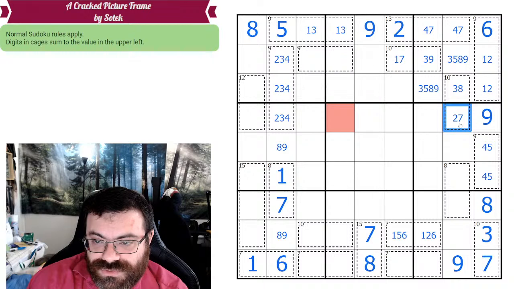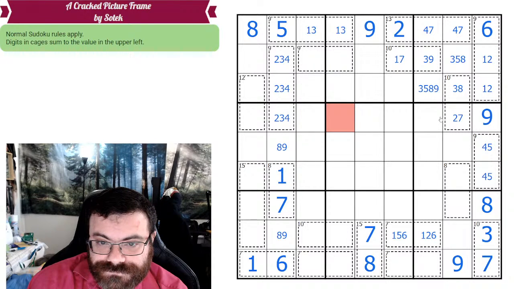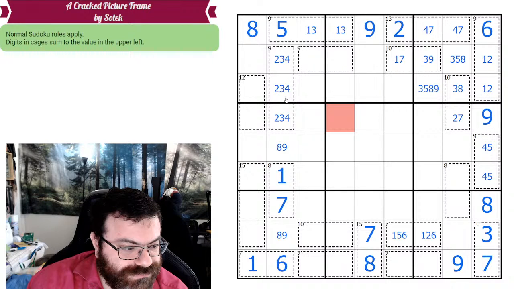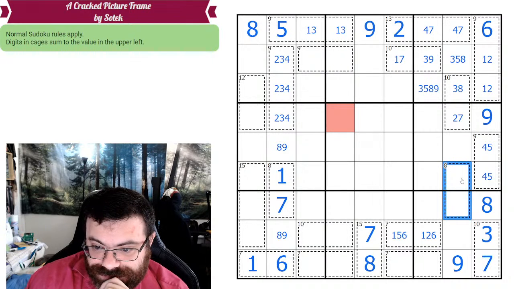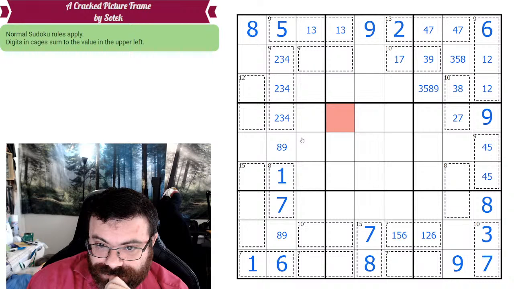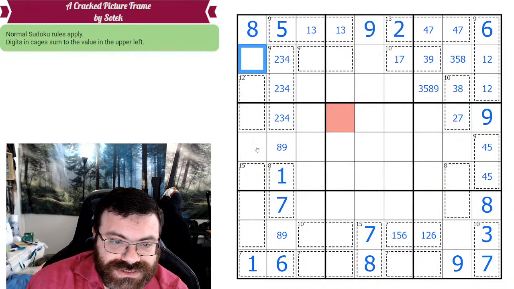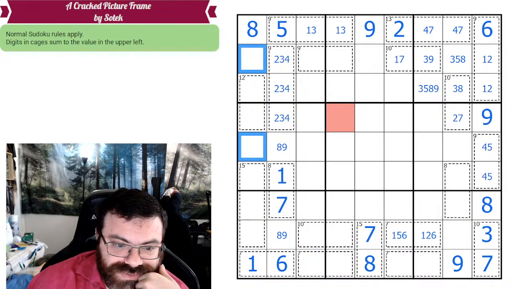So this is not 9, 1. That's not a 9. So we know exactly what this adds to now. 45 minus 8 minus 12 minus 15 minus 1.